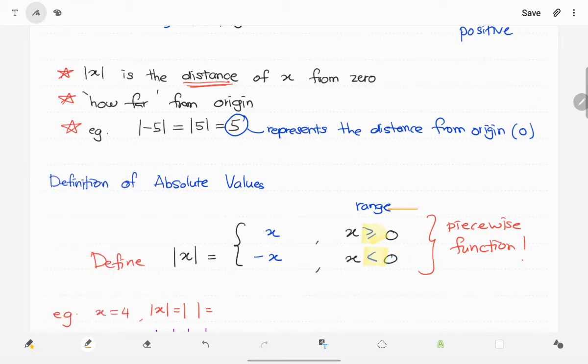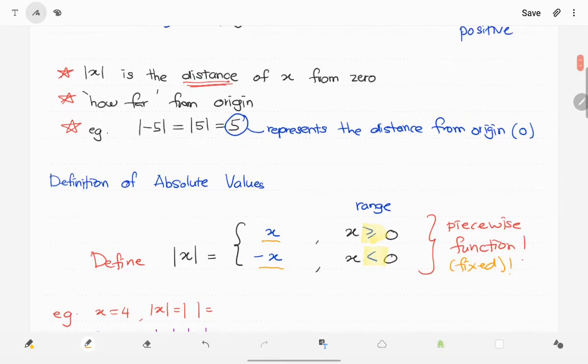Okay, greater than or equal to 0 is for positive values of x, less than 0 is for negative values of x. This is fixed. Don't change this one. Equal belongs to the positive number. The negative one doesn't hold any equal sign here.